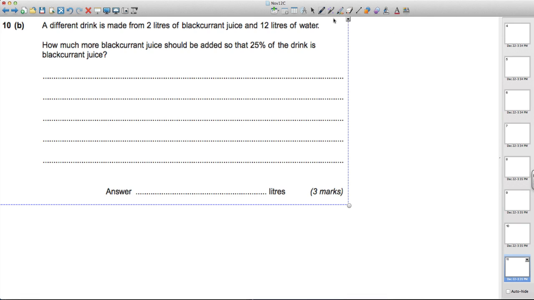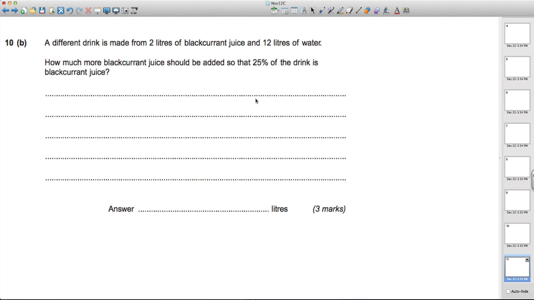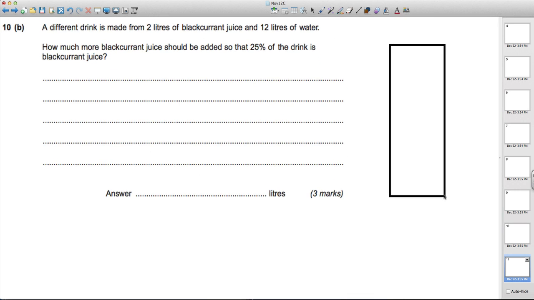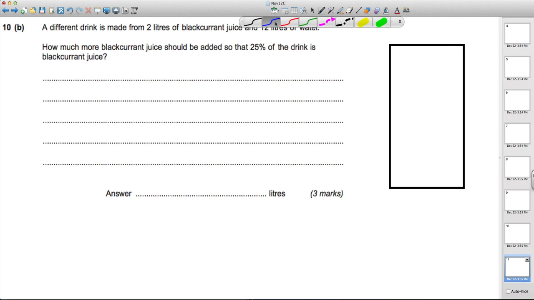Now, the next question talks about a different drink made from 2 litres of blackcurrant and 12 litres of water. So let's just draw this picture out. We've got 2 litres of blackcurrant, and we've got 12 litres of water.